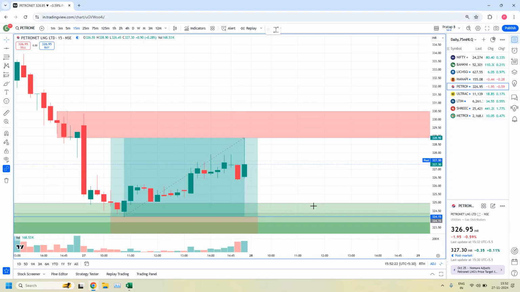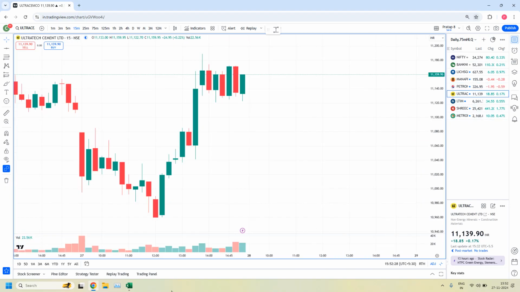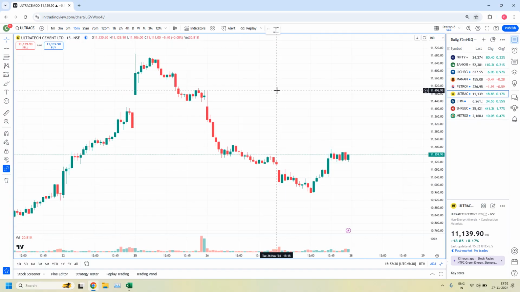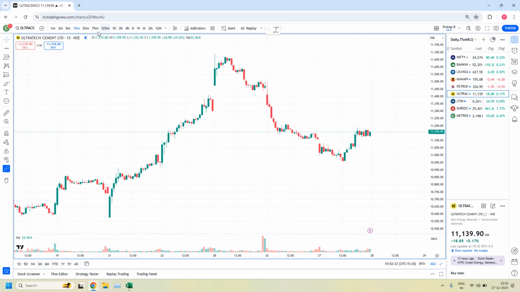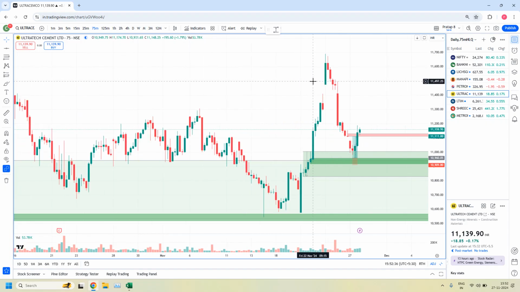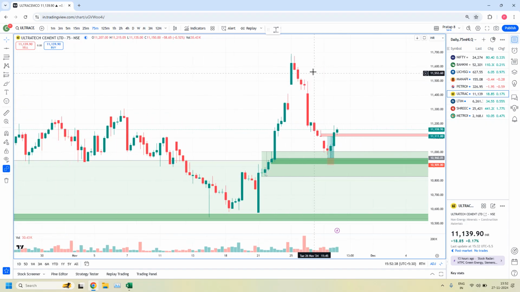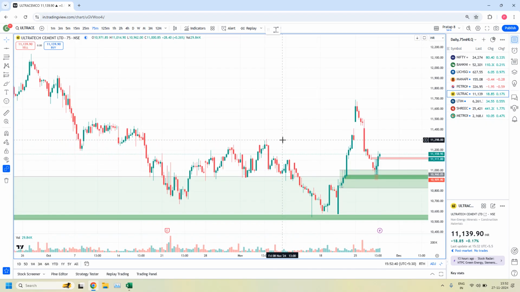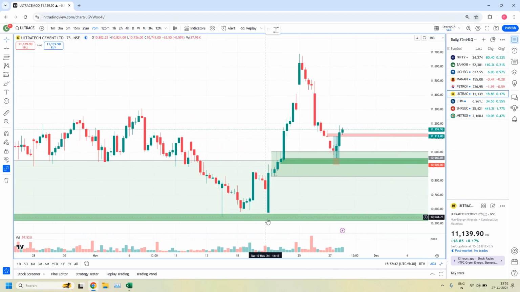There is one more stock, Ultratech, the third one. This is also a high liquidity zone. This rally base rally has been created. Sorry, this is a daily high liquidity zone, not 75 minutes.